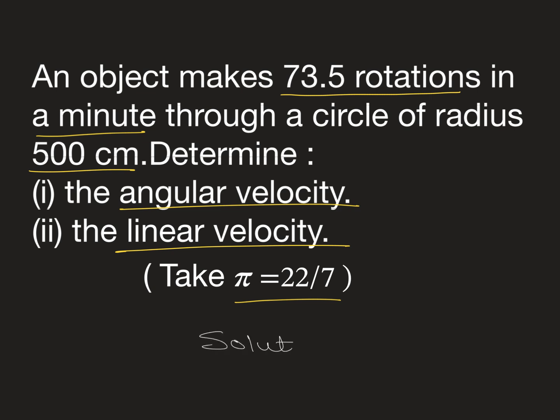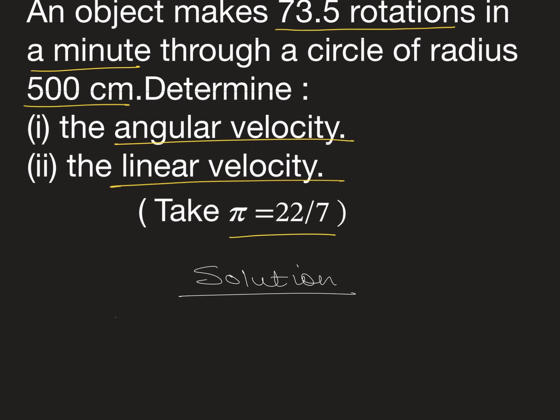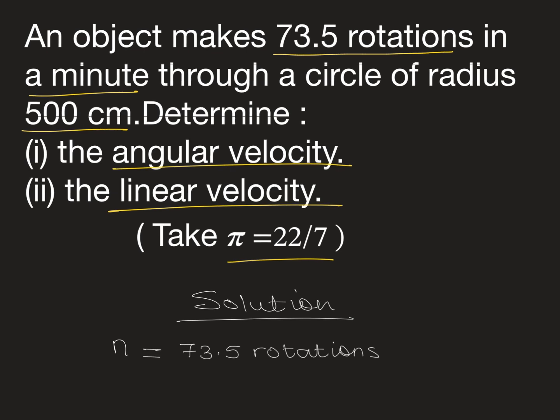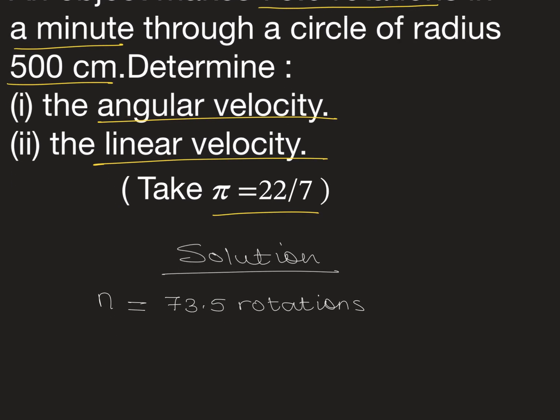Solution. We are given the information that the number of rotations is 73.5 rotations. And the total time taken there was 1 minute, which is the same as 60 seconds.